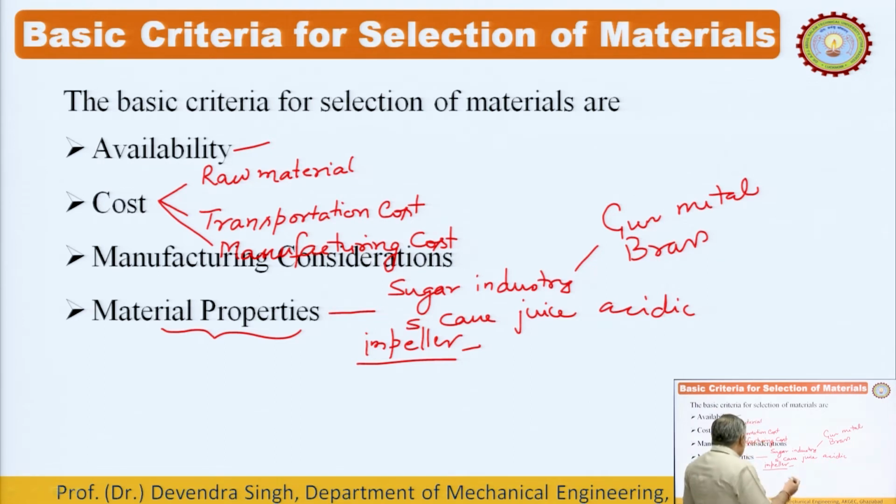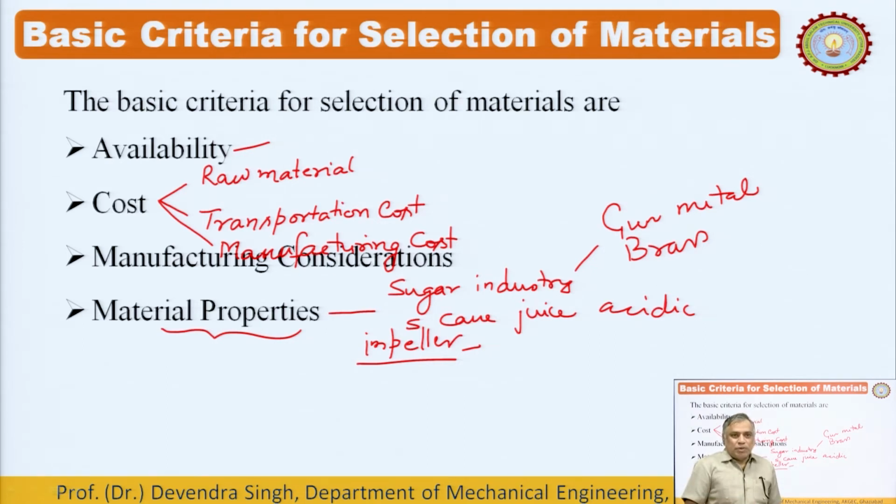Again, if you are designing a connecting rod, the connecting rod is subjected to tensile and compressive load. So what material property do you need to consider for that? It is the endurance limit, or the tensile and compressive properties. Primarily the endurance limit we need to consider for the material to be used for the connecting rod.